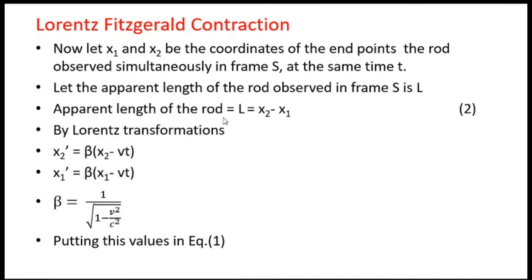Now by Lorentz transformation we can write x2 dash is equal to beta times x2 minus vt, and x1 dash is equal to beta times x1 minus vt, where beta is the ratio 1 upon under root of 1 minus v square upon c square. Put these values in equation 1.